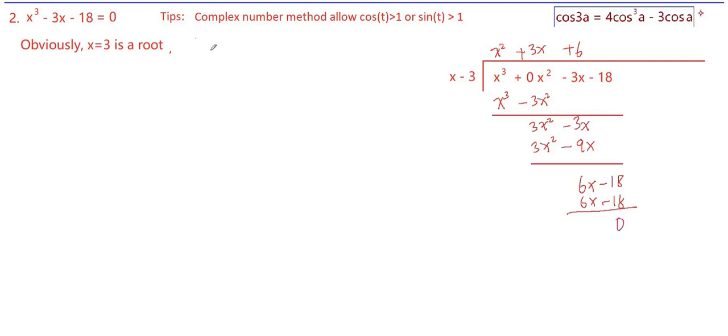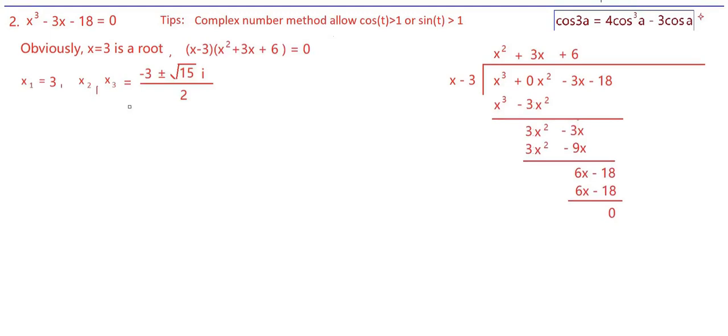So it becomes x minus 3 times x squared plus 3x plus 6 equal to 0. So we get the three roots using the normal method.